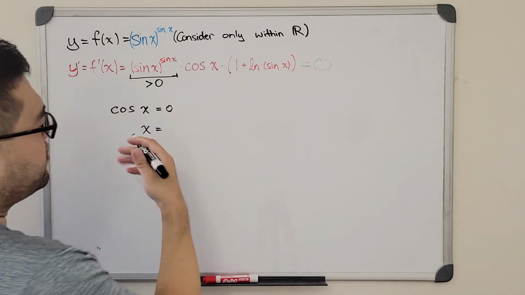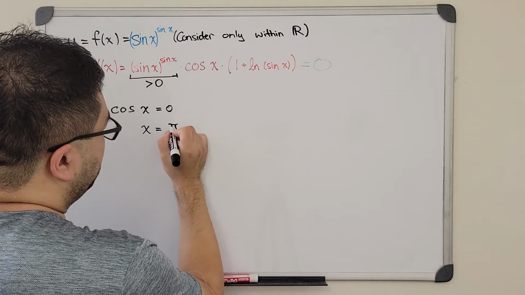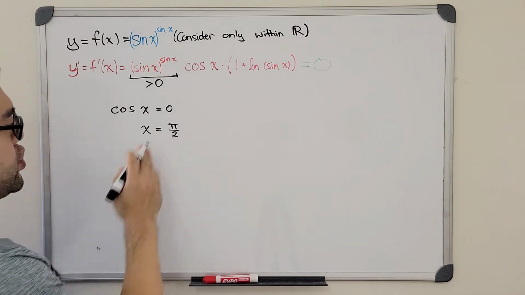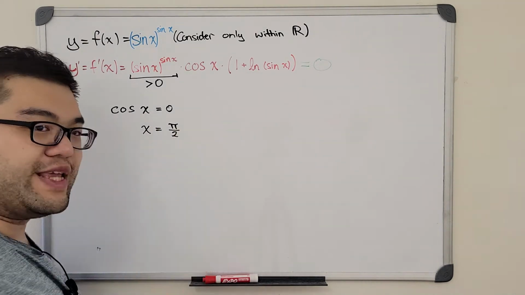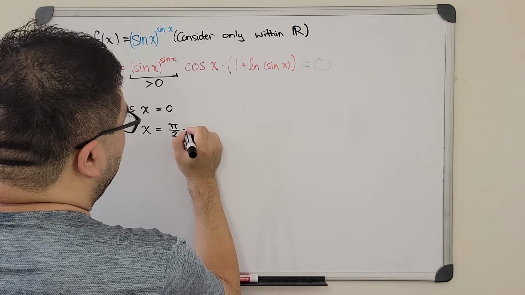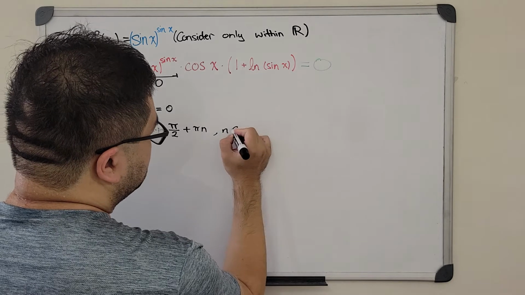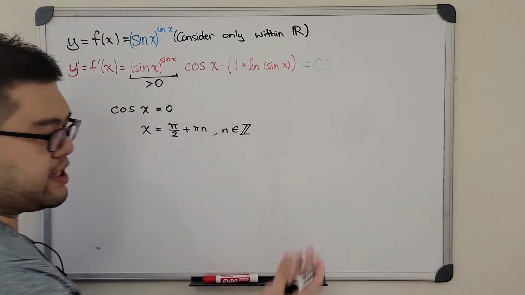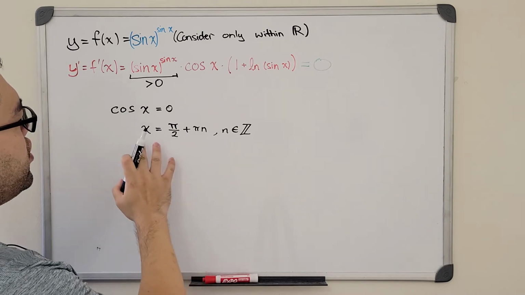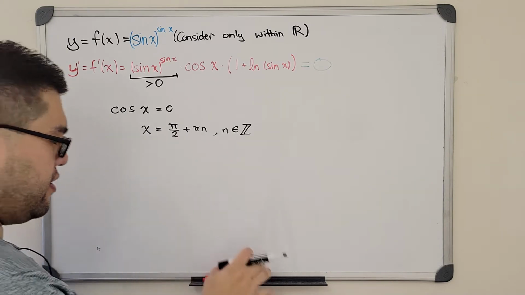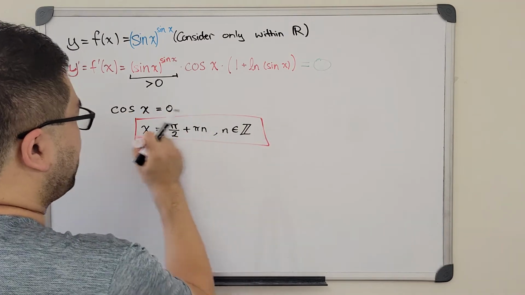Well, this is one of the special values, and I hope you all remember, this is true if and only if x is equal to pi over 2, or 90 degrees, plus multiples of pi, for n any integer. Good. So we now have one situation that might satisfy.